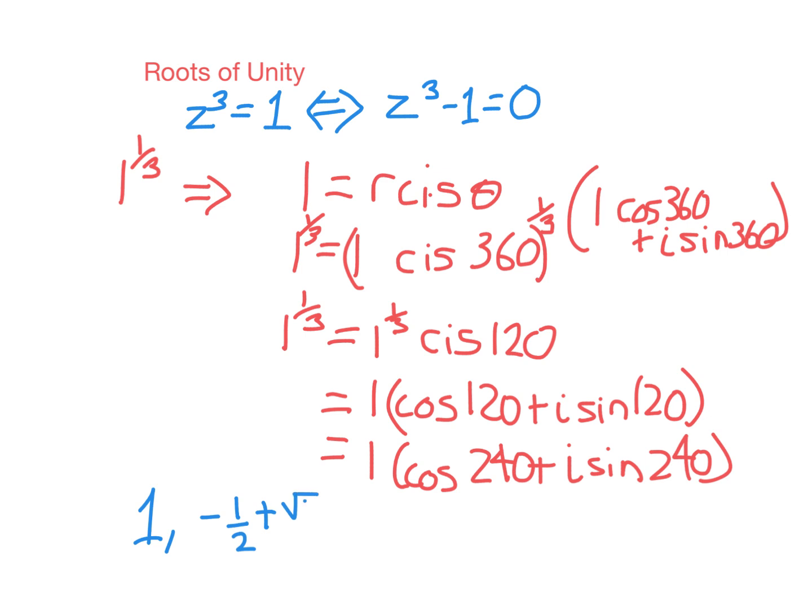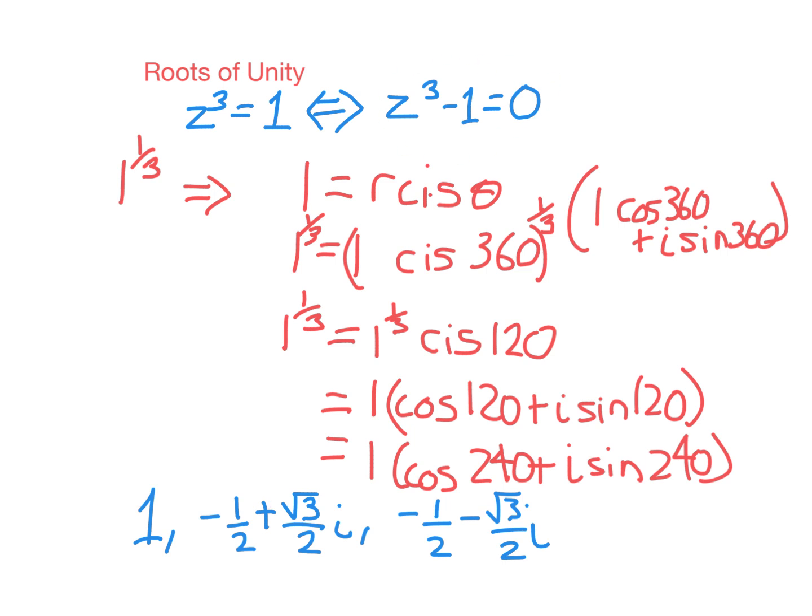So the other root of unity we have is minus a half plus root 3 on 2 i. You can probably guess that this will give us the complex conjugate of this. It will be minus a half minus root 3 on 2 i. If you raise any of these numbers to the power of 3, you get 1. So all three of these are roots of this equation.